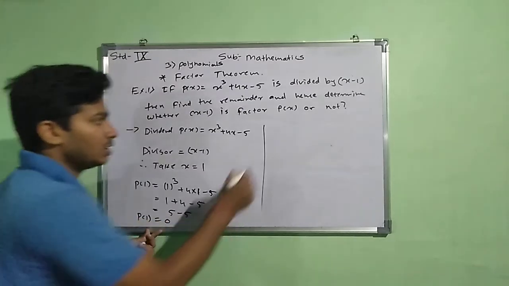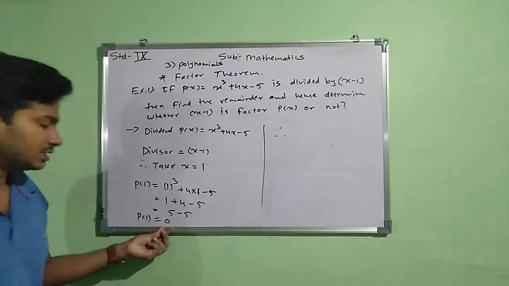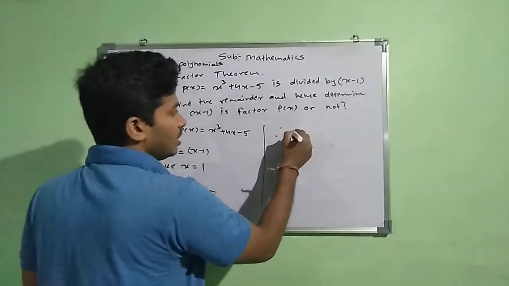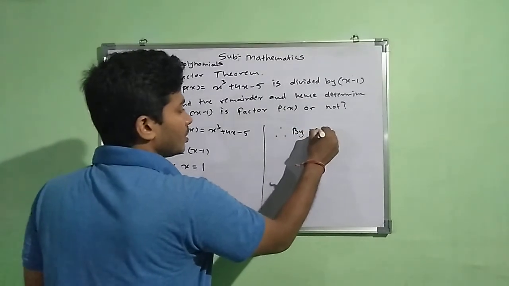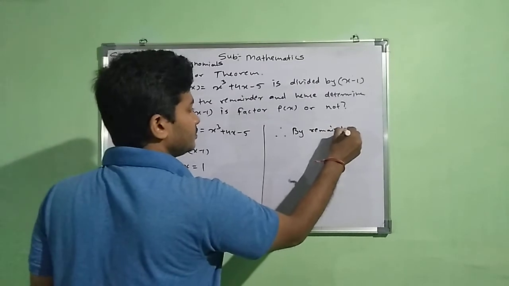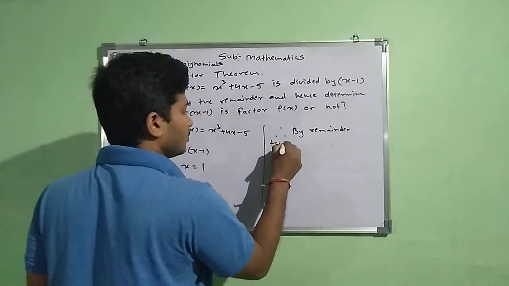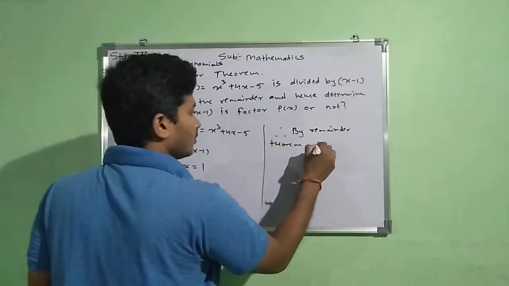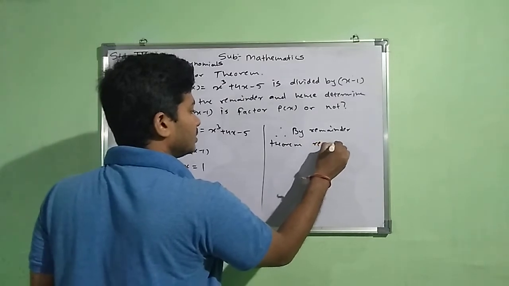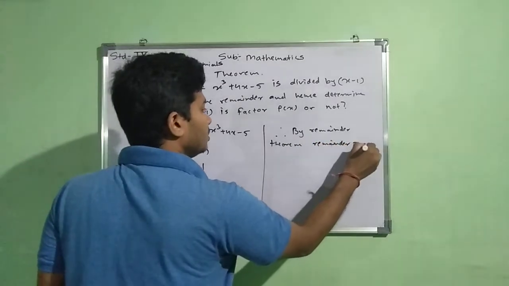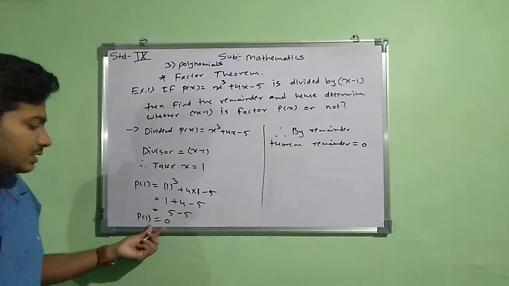That means p of 1 we got as 0, that means remainder we will get as 0. Therefore by remainder theorem, remainder is equal to 0. Here we got remainder as 0.